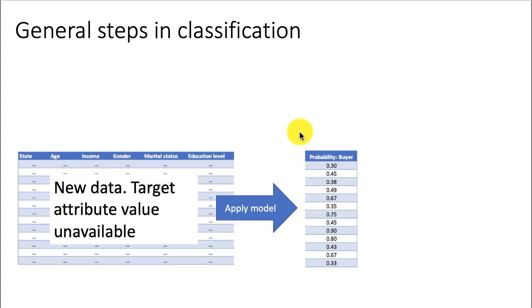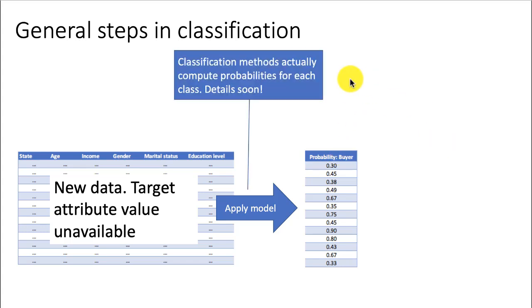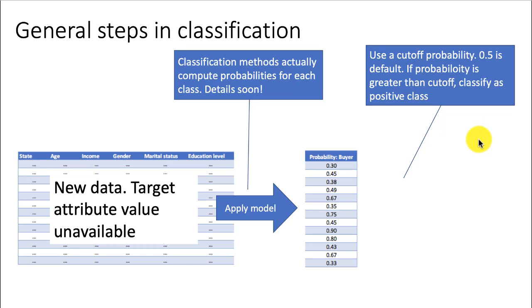So all classification models first produce a probability. The probability is then converted into an actual prediction. So this is what you've got here. Classification methods usually compute a probability. The probability is then converted into a prediction by using a certain probability as a cutoff.